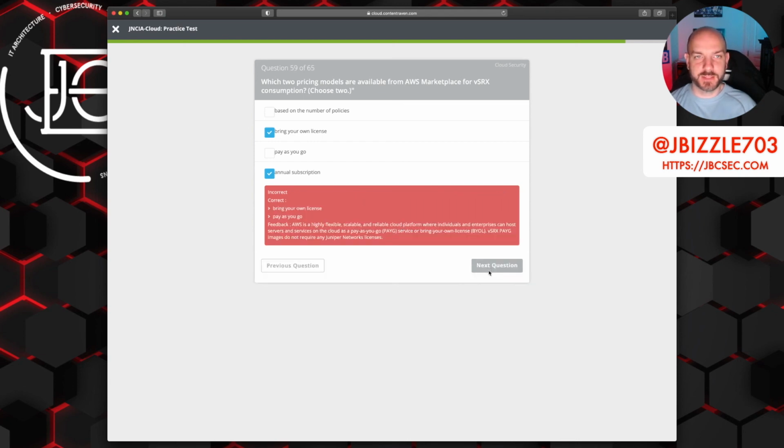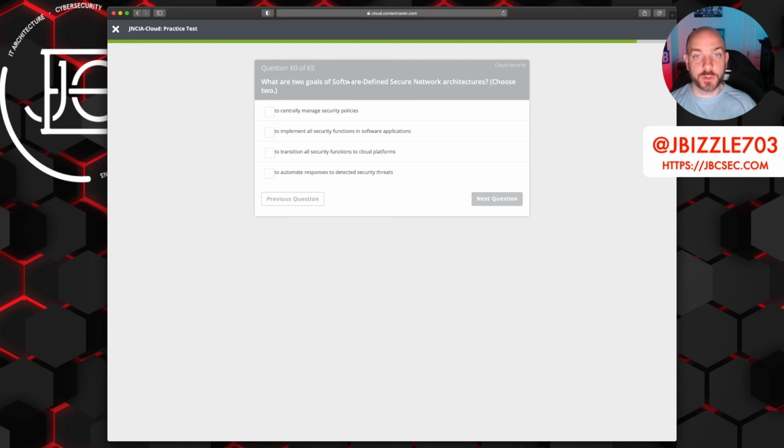Yep. What are two goals of software-defined secure network architectures? To centrally manage security policies, to implement all security functions in software applications, to transition all security functions to cloud platforms, to automate responses to detected security threats. I like that, and I like centrally managing.